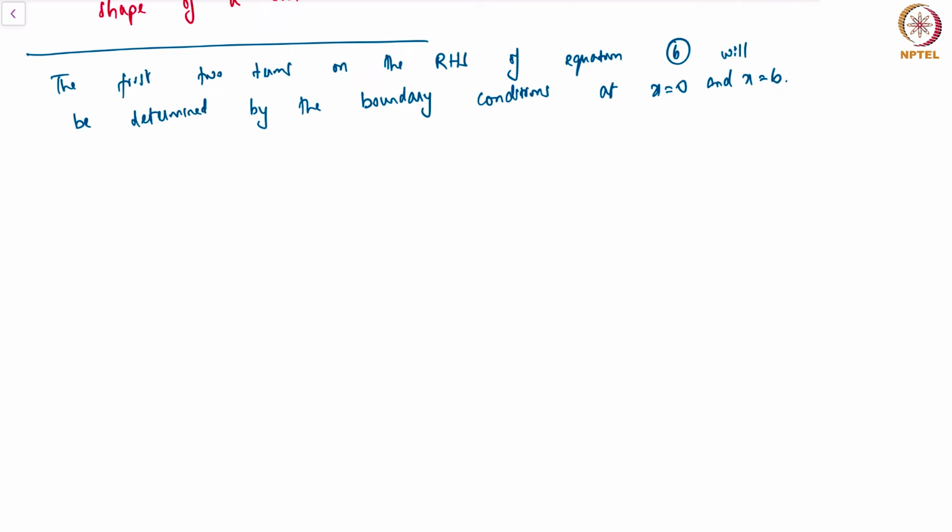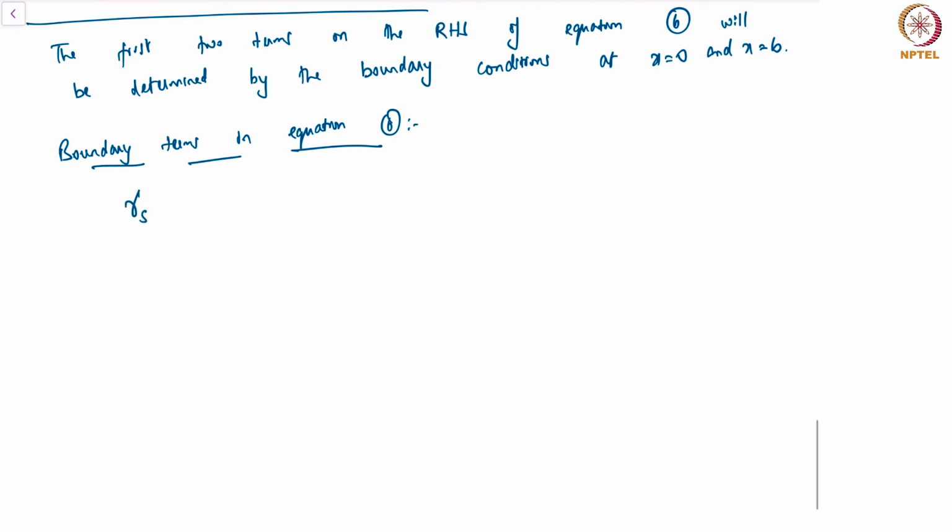What exactly are they? There are two terms here: gamma SL minus gamma SG times delta h evaluated at x equal to 0, and del F by del h prime times delta h evaluated at 0 and b.